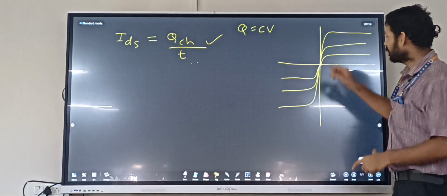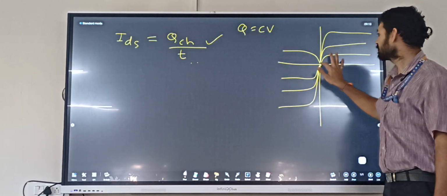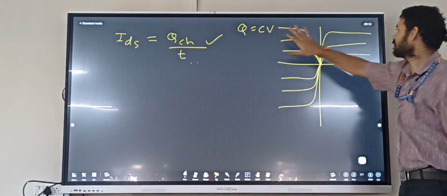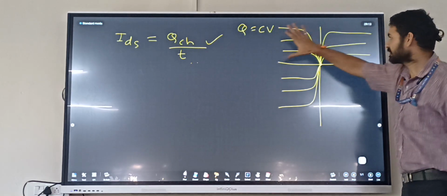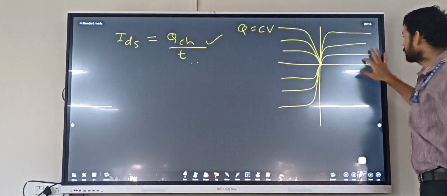Therefore, we take the mirror image of this and shift this graph, or overlap this graph here. First we take the mirror image, then we overlap it here. So it will be like this.